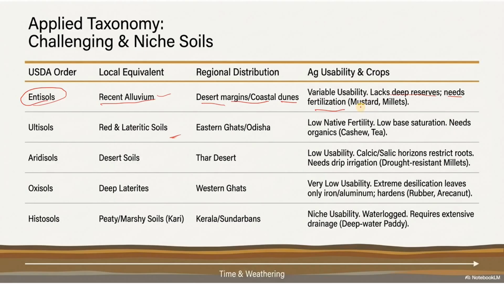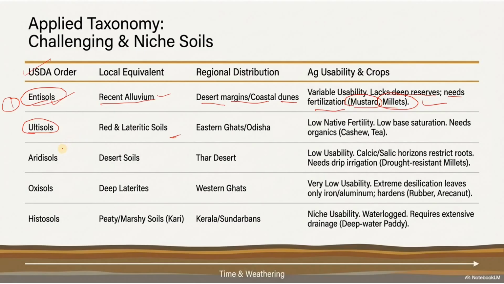And what are the agricultural crops? These are the mustard and millets, which are cultivated in these kinds of soils. So entisols are the first order of soil, the lowest order that comes in the USDA soil taxonomy. And now coming to the ultisol.